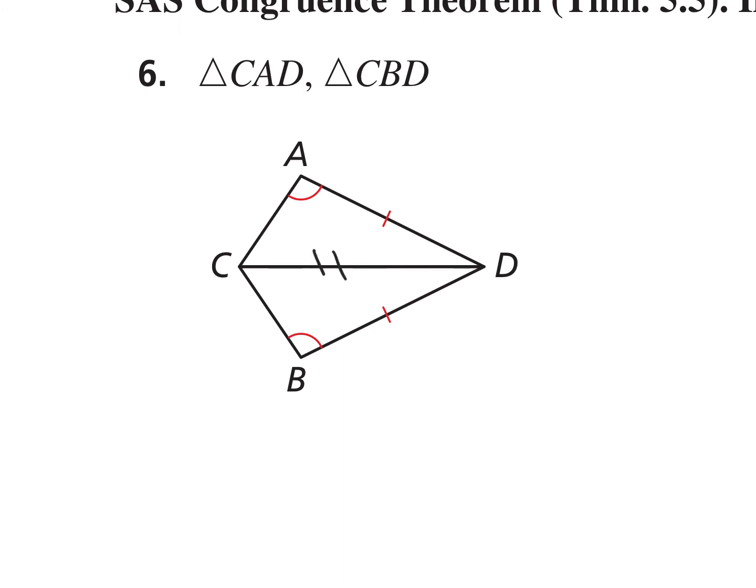But if you trace over the sides that have the congruency marks, this side and this side, notice this angle that's formed by those two doesn't have a mark. So because this angle is not formed by the congruent sides, I cannot show that these triangles are congruent. So number 6 is no congruence.